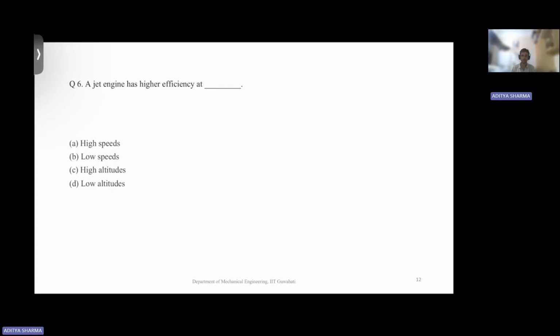We have four options here. First option is high speeds, second is low speeds, third is high altitudes, fourth is low altitudes.